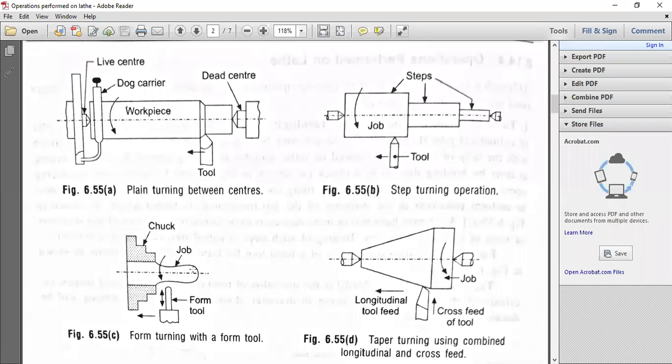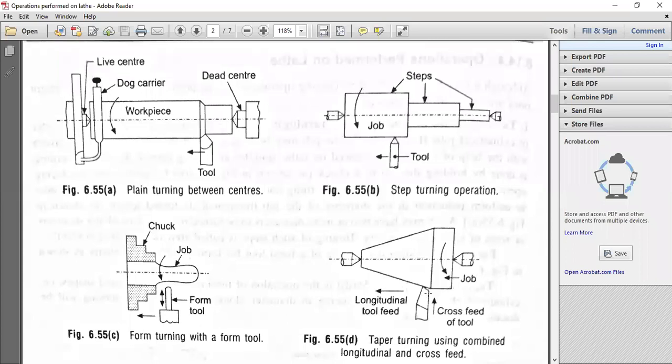With the form tool, you can have this particular shape of the job. Form turning with a form tool acts perpendicular to the workpiece, and the direction of the form tool is towards the live center.